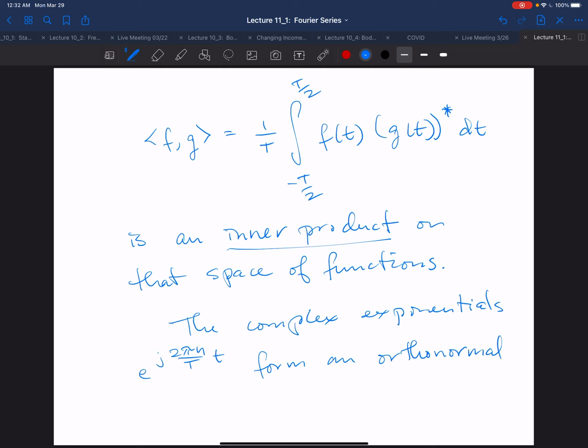And in fact they form an orthonormal basis of a subspace of this space. We'll see why that is in just a moment, but this fact means that if we want to express a given piecewise smooth periodic function as a sum of these complex exponentials, we just have to take a projection of that function onto this subspace that they span.